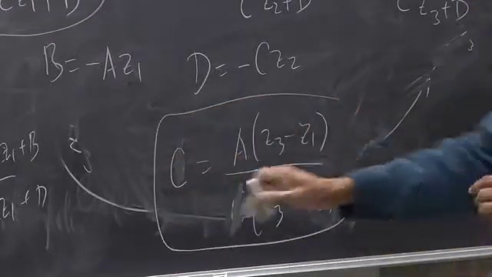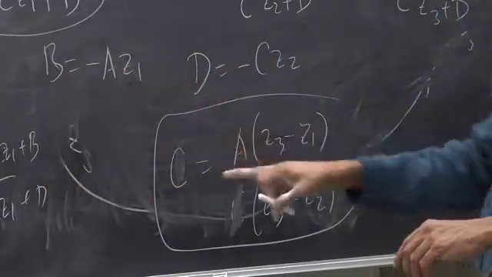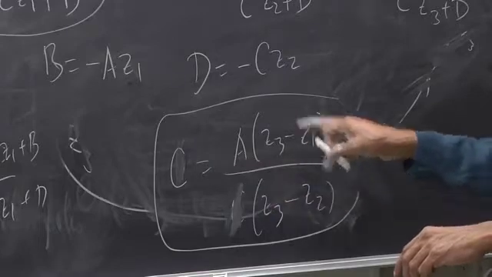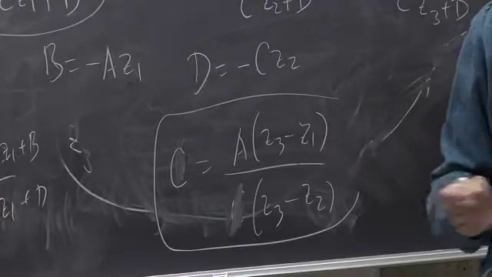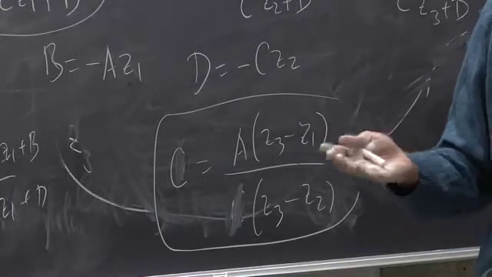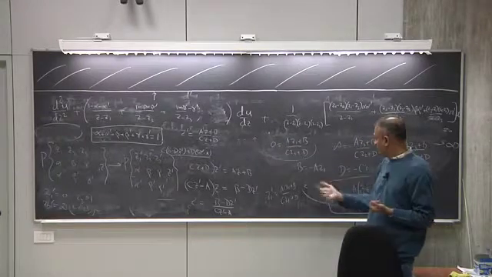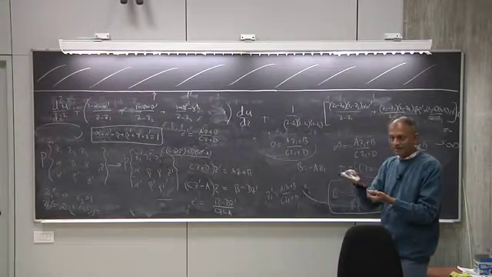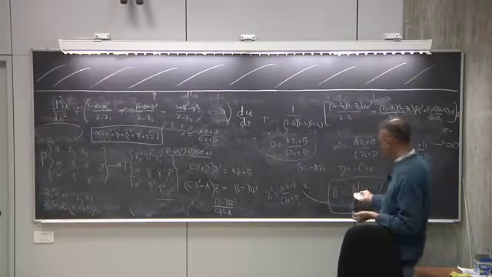This defines everything in terms of A, because B is minus A z1, C is A times this thing, and D is minus C z2. So everything is determined in terms of one parameter. But of course we knew that, since the one parameter you can always set equal to 1 by using the fact that there is a freedom of dividing by the same number, right? So I can choose, for example, A equal to 1.